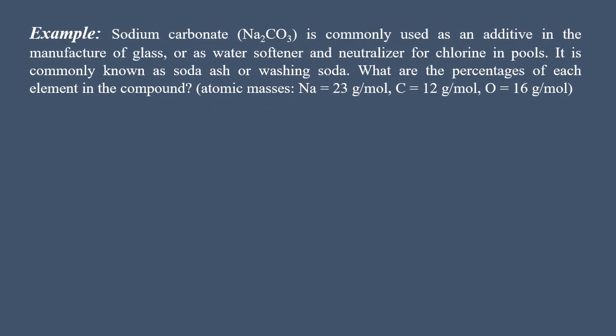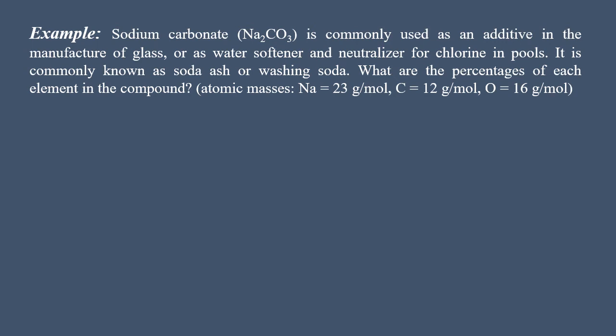Let's try to compute percentage composition from chemical formula. And here's the problem. Sodium carbonate with a chemical formula Na2CO3 is commonly used as an additive in the manufacture of glass, or as water softener and neutralizer for chlorine in pools. It is commonly known as soda ash or washing soda.